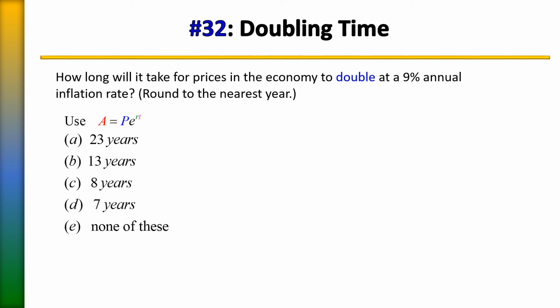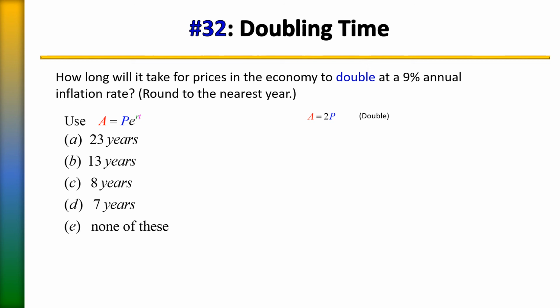So plugging in everything we know to find out what we don't know. We know the interest rate is 0.09 when we convert it to a decimal. When something doubles, it's twice that. So when we rewrite this formula, we have A equals 2P.